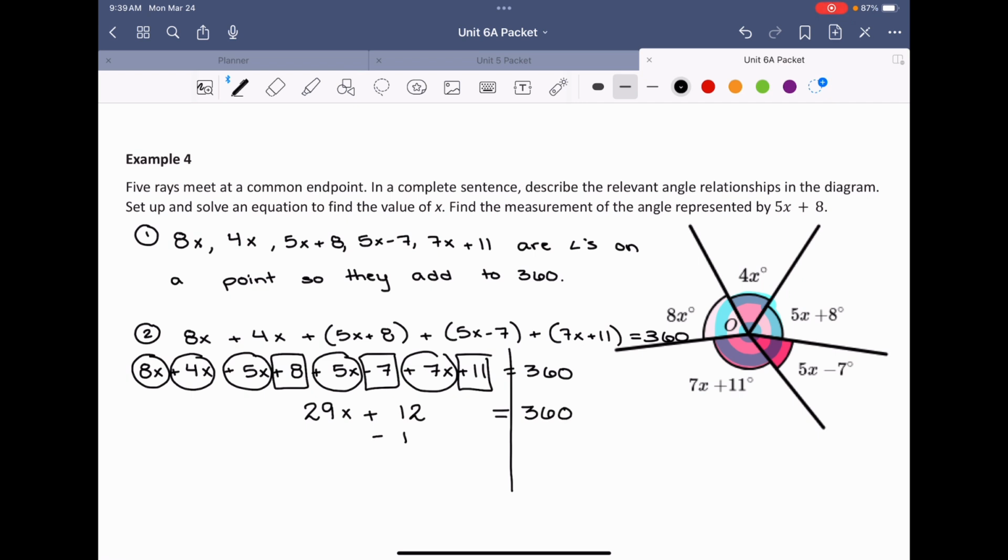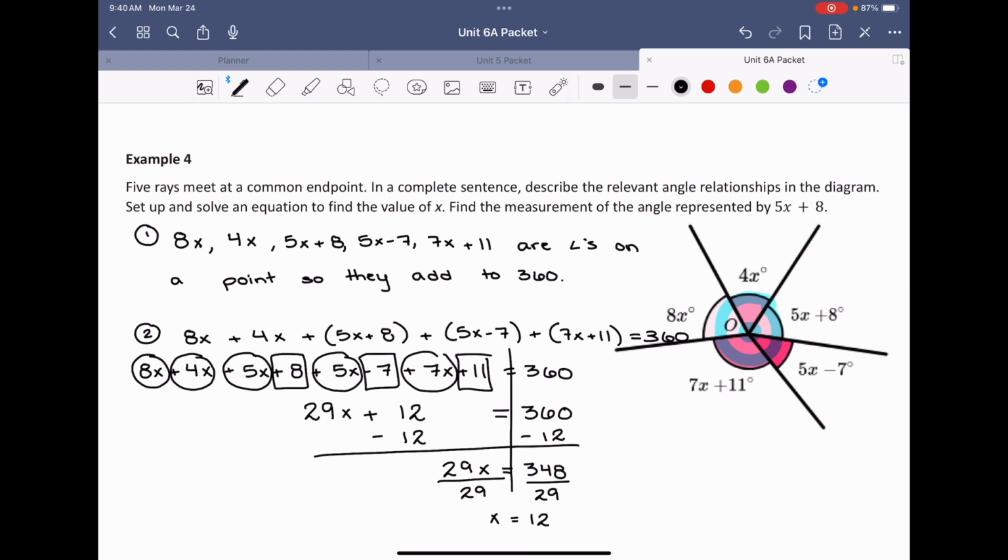Minus 12 on both sides. So we've got 29x equals 348. And divide both sides by 29. And x should be 12.